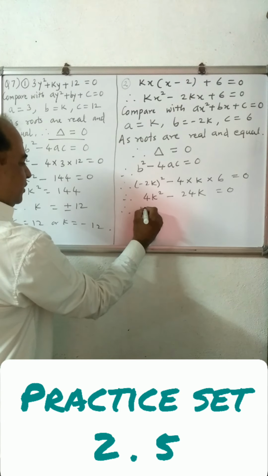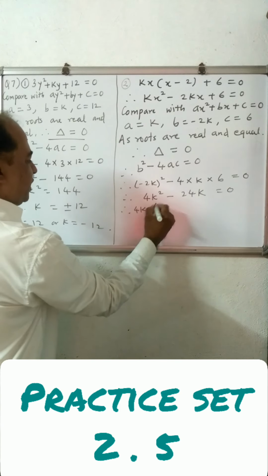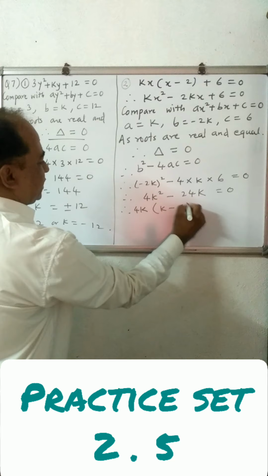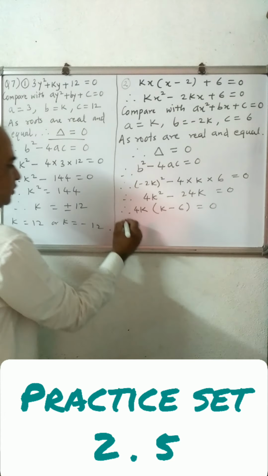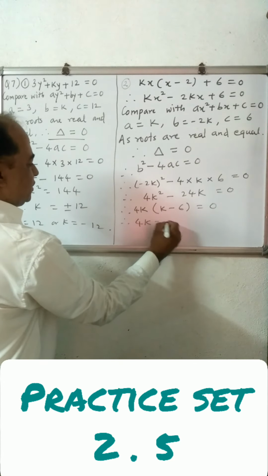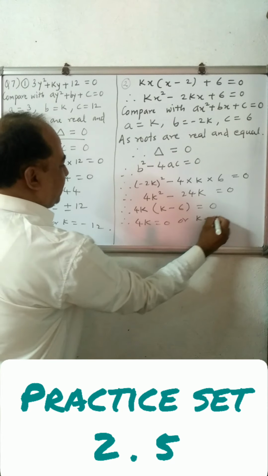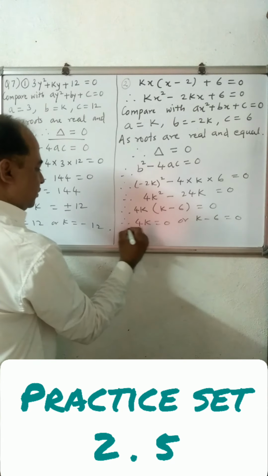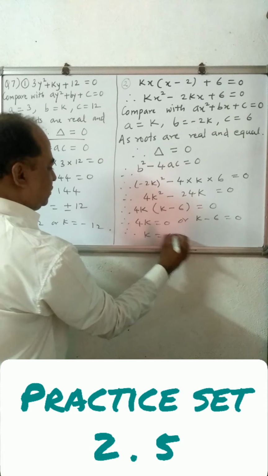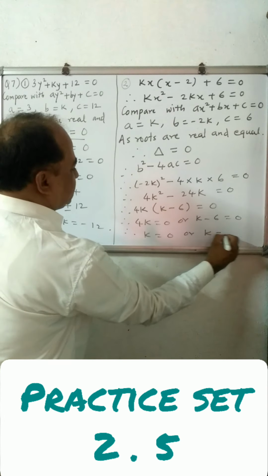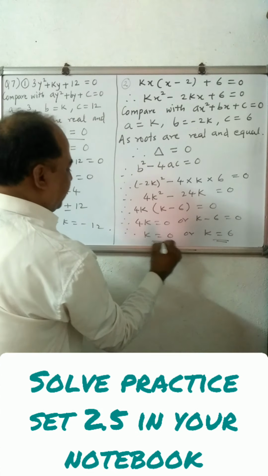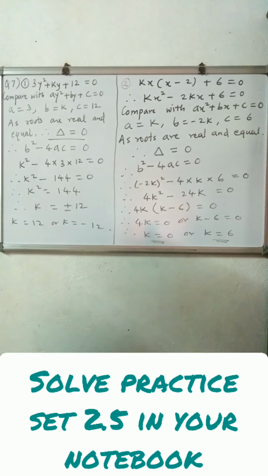Therefore, 4k common we can take. So 4k into k minus 6 is equal to 0. Therefore, 4k is equal to 0 or k minus 6 is equal to 0. Therefore, k is equal to 0 or k is equal to 6. The values of k are 0 or 6.